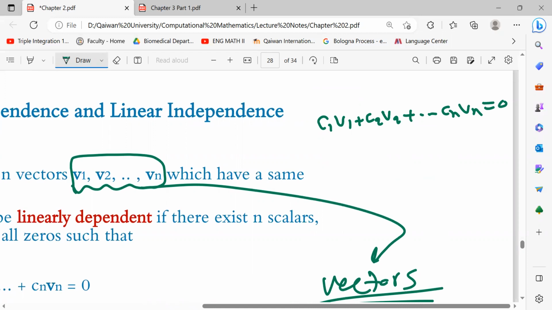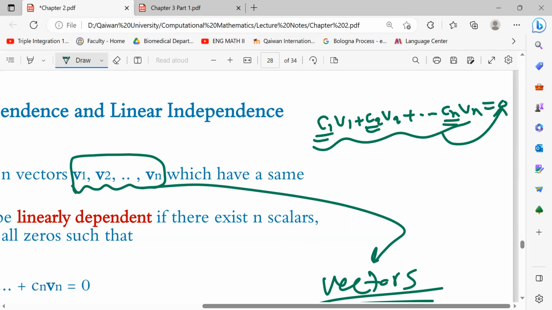That 0 is a 0 vector, all components are 0, such that one of these constants is not 0. At least one of them must be a non-zero element. It's okay if some are 0 and one of them is not 0, but the result must be 0.